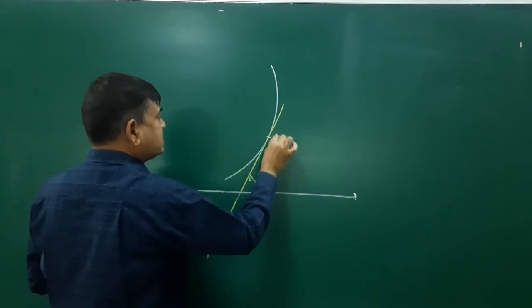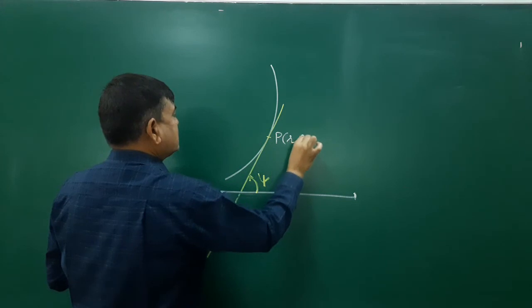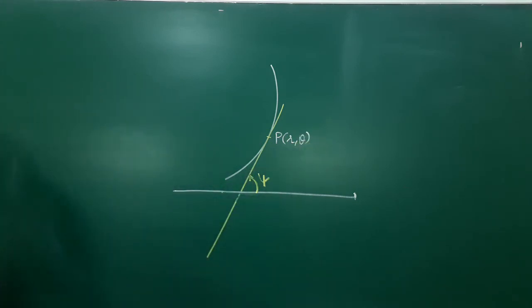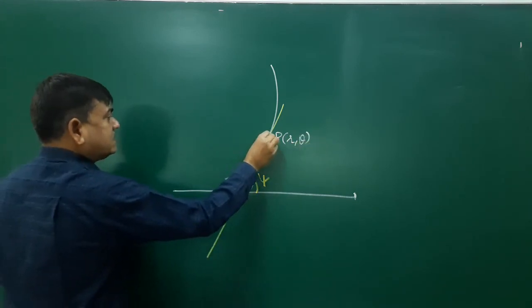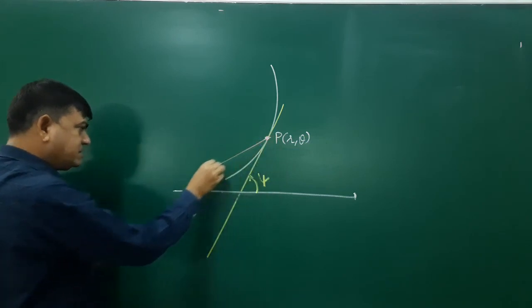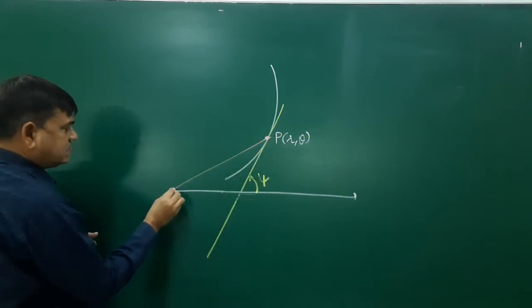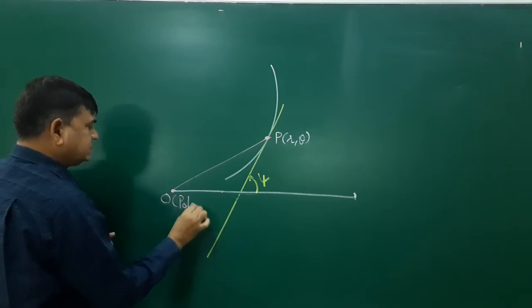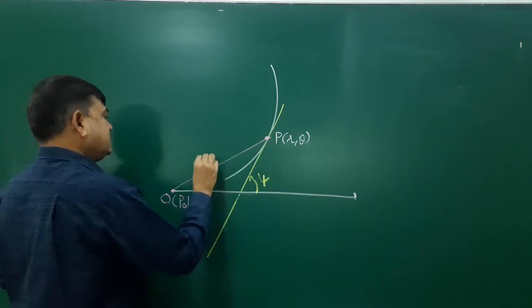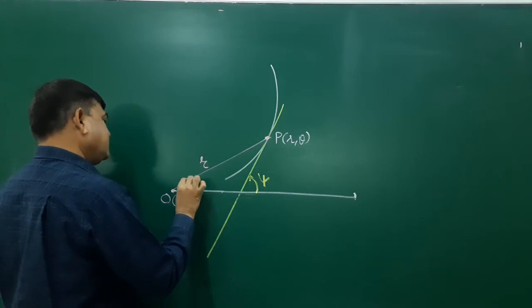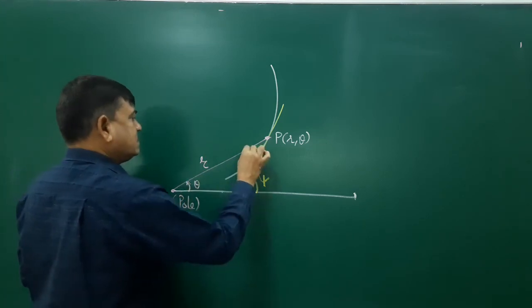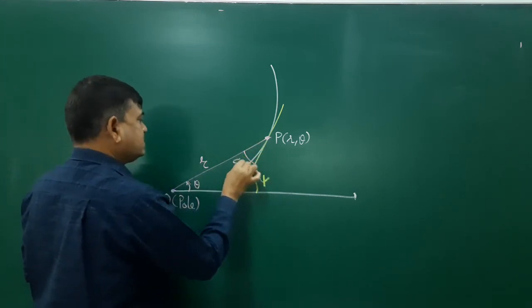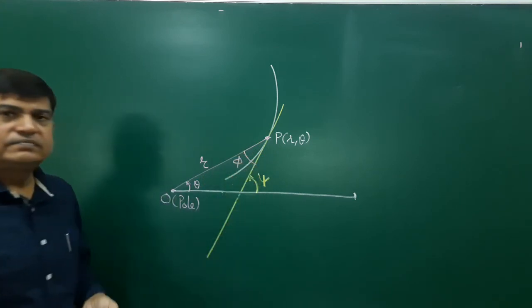This point is P, theta, and this point is joined to O, that is the pole. This is r and this is theta. And we know that this angle is phi.